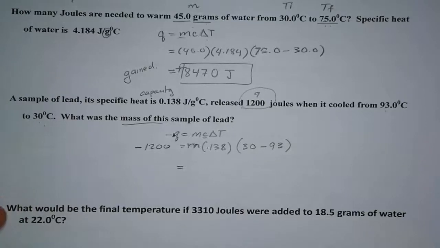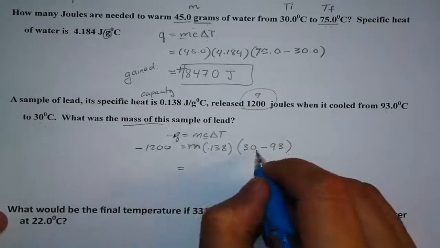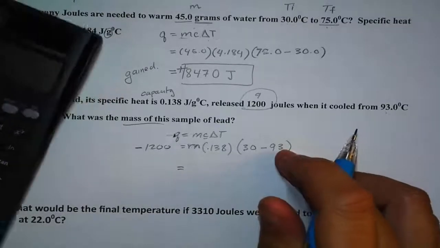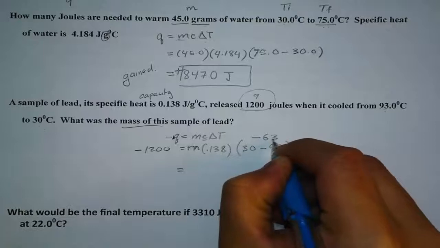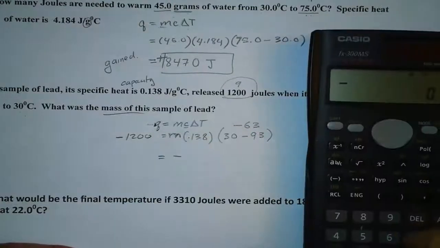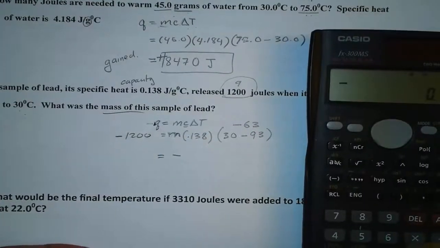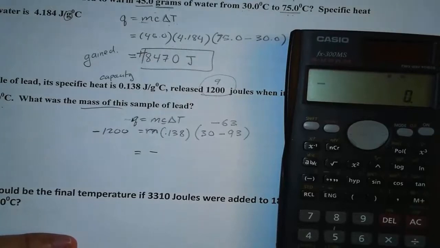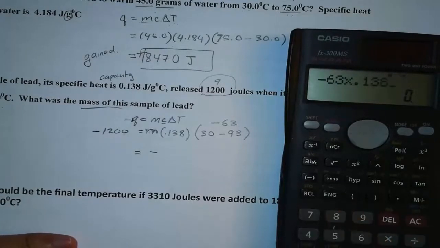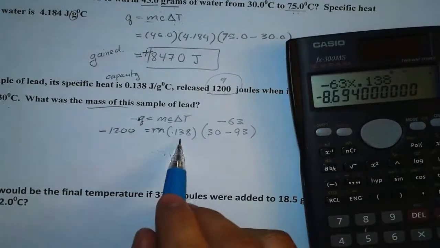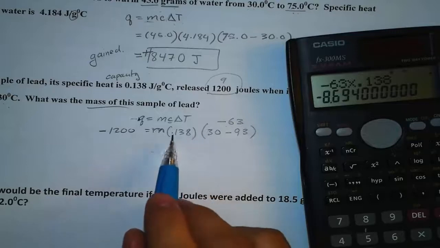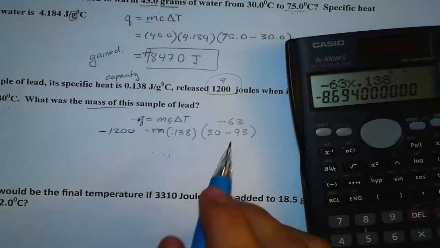Of course, if we do the math behind it, look at this number. We take 30 minus 93, that gives us negative 63, isn't it? So if we plug this into a calculator, we have negative 63 times 0.138, and notice how we have a negative answer.